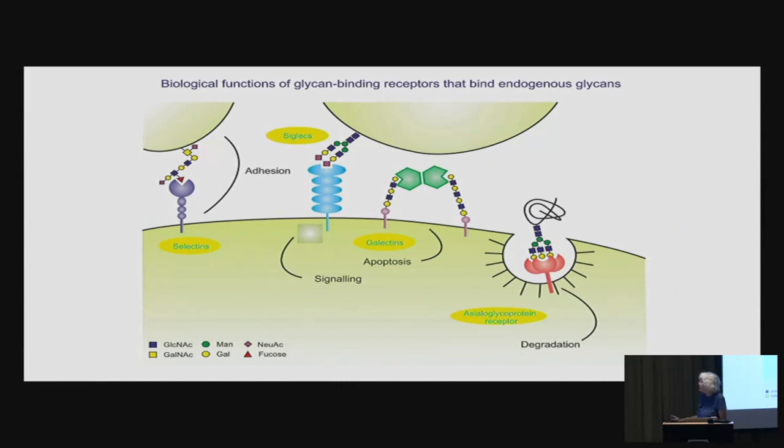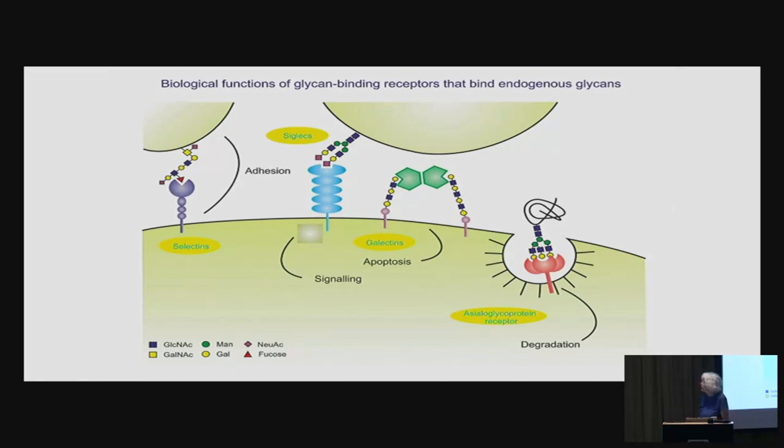Examples of these are the selectin cell adhesion molecules. They can be involved in cell signaling. The Siglecs are one family of proteins which do this. They can do things like apoptosis.